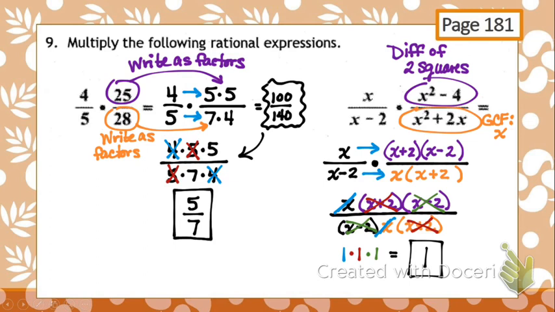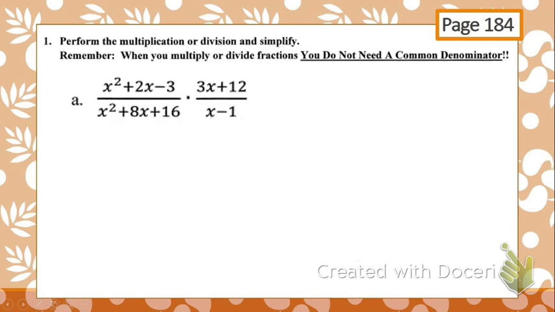All right, let's do a couple more that are like this second problem. You're going to have to flip forward to page 184. All right, so off to the side, I'm going to write out our steps here.